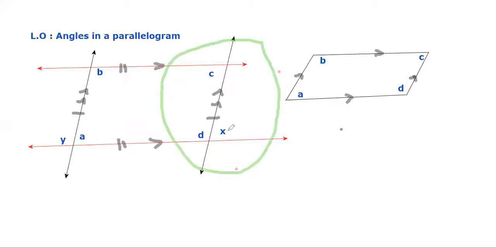It means that C is equal to X, alternate angles. Another thing I can see is that D, if there was an angle here, M, then M would be equal to D. That would be true, but it is not very important for now.